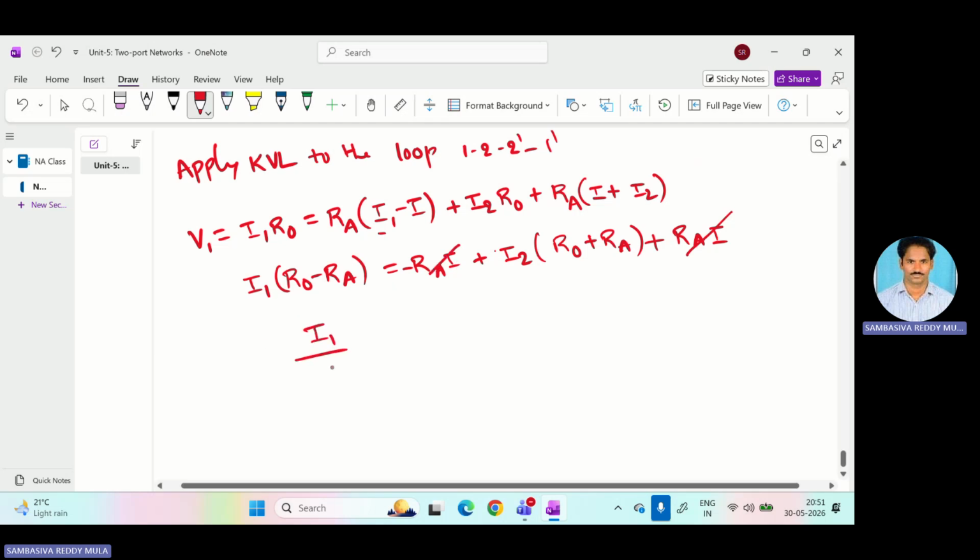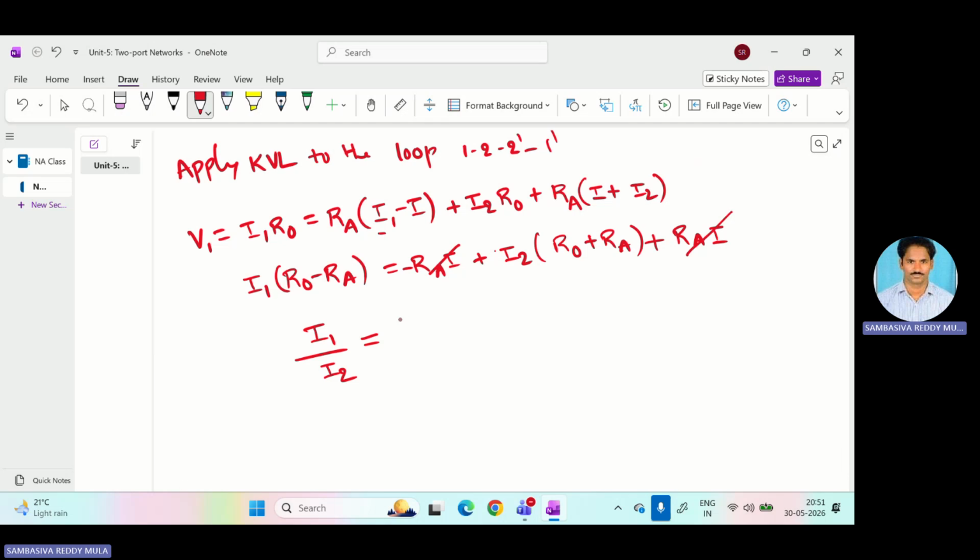Now we require the ratio I1 by I2, with which we can determine the propagation constant alpha. I1 by I2 is R0 plus RA divided by R0 minus RA. Dividing the numerator and denominator by the characteristic resistance R0, this can be written as 1 plus RA by R0 divided by 1 minus RA by R0.